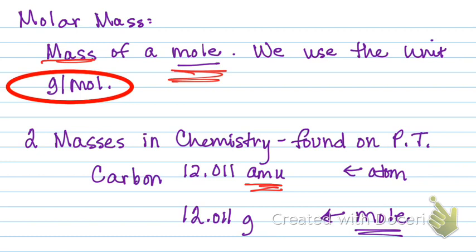But if I'm describing molar mass to you, I'm going to say the molar mass of carbon is 12.011 grams per mole, okay? Or I could say the mass of 1 mole of carbon is 12.011 grams. I'm saying the same thing. Everybody with me? Yes, I hope.